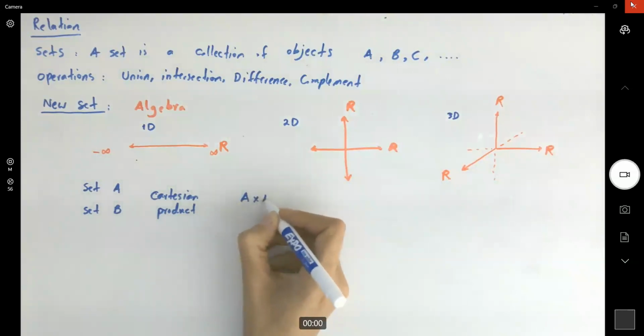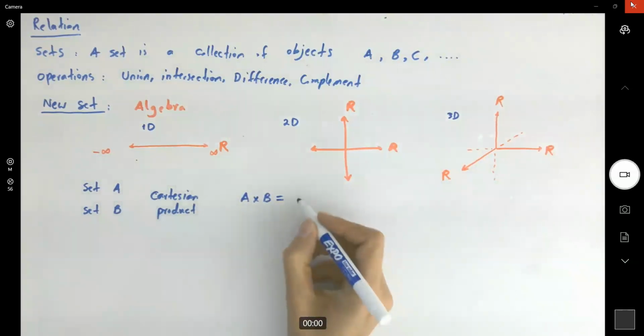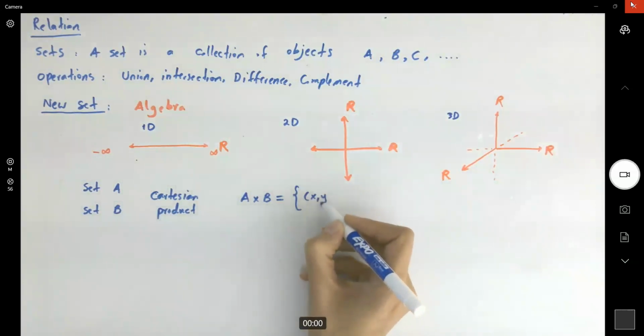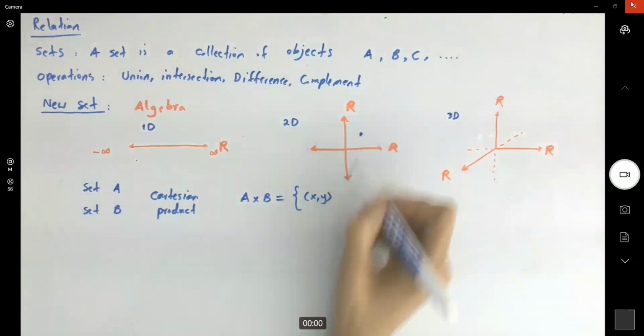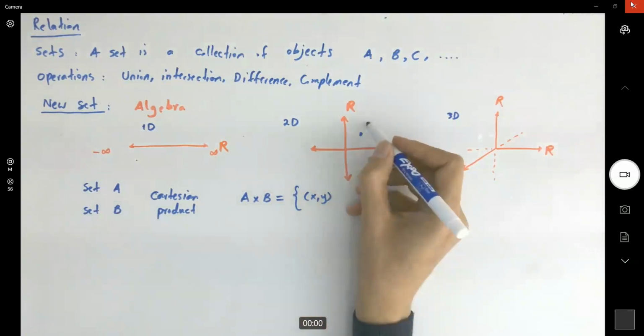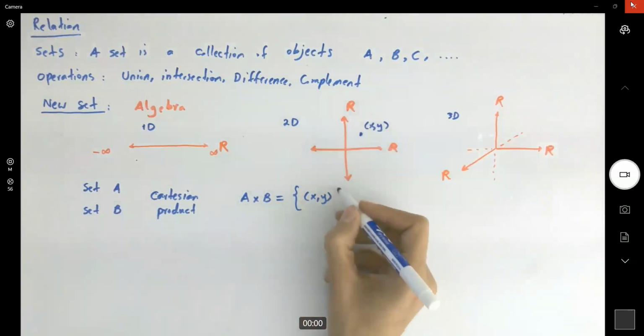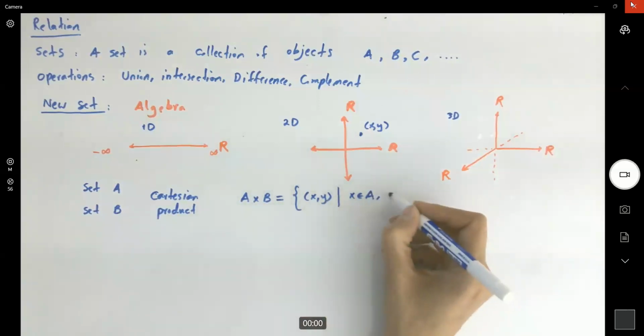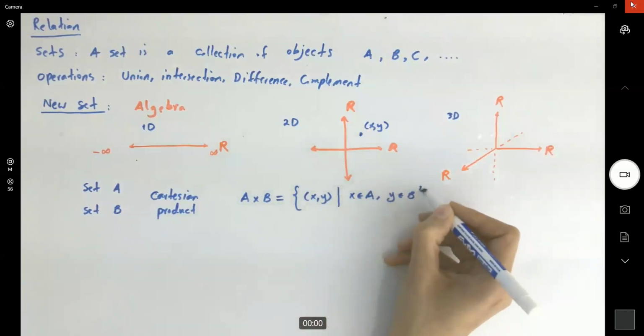A Cartesian product B is the set of all ordered pairs, all points (x, y), such that x belongs to the first set and y belongs to the second set.